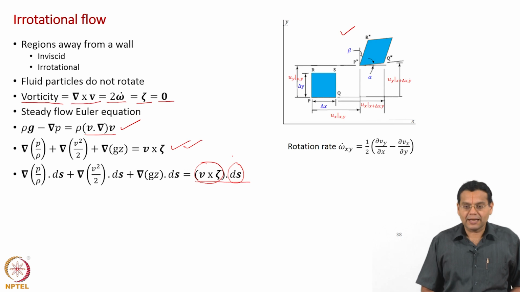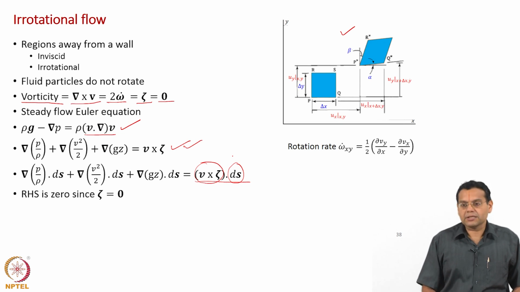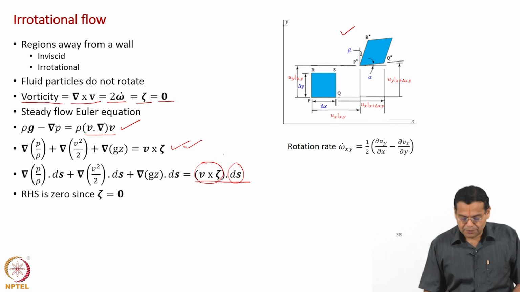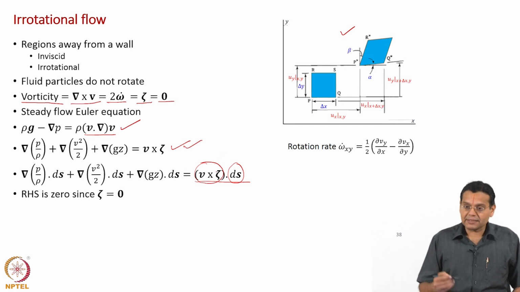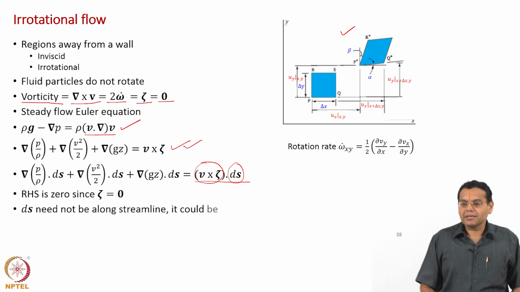Now, for the present case the right hand side is 0 automatically because we have taken vorticity to be 0. In the earlier case we made the right hand side 0 after taking a dot product with a differential length along the streamline, but now the right hand side is 0 anyway because we are considering irrotational flow, which means that the ds vector need not be along the streamline.